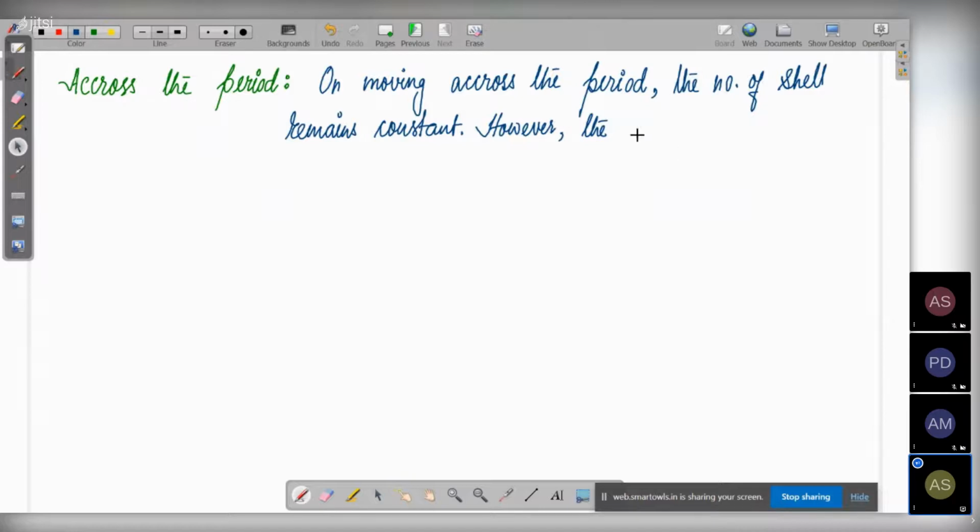However, the number of valence electrons, that is the number of electrons in the outermost shell, gradually increases.